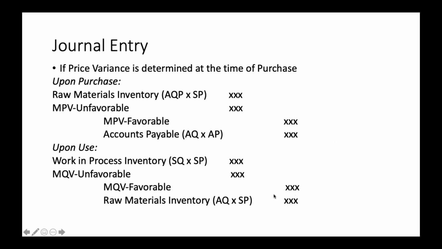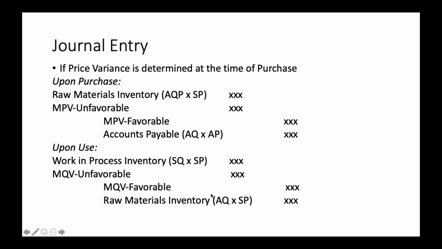When we use our raw materials, the entry would be debit work in process and credit raw materials, right? But our credit here in raw materials is the actual quantity used.